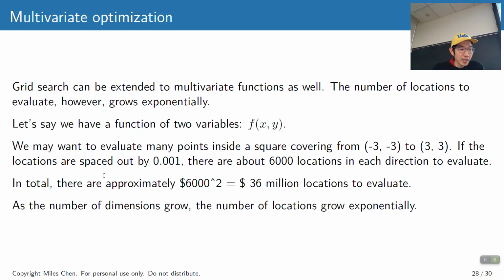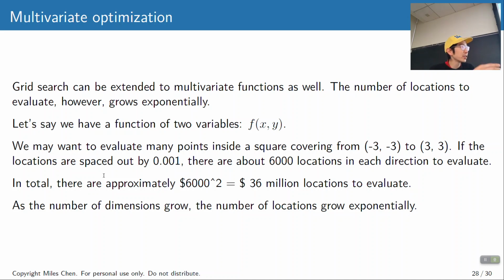But the grid search becomes really, really, really inefficient when you have a high dimensional function. Okay, so if you have a multi-dimensional function, so even if we just go from 1 dimension to 2 dimensions, my grid search becomes way more complicated, right?